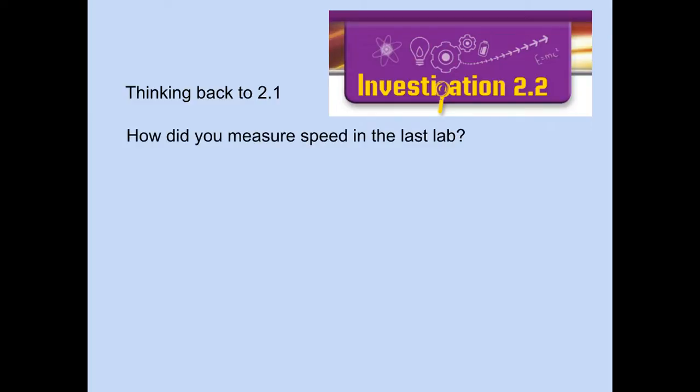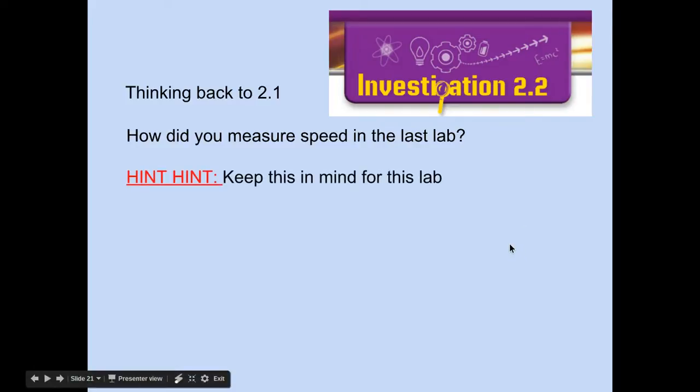So you probably had a couple marks on your floor, and you started at point 0 and you measured speed to like 2 meters or maybe 1 meter, depending how you decided to do this. And you used that time to keep track of speed. So keep that in mind for this lab, because we're also going to be measuring speed and how it changed.